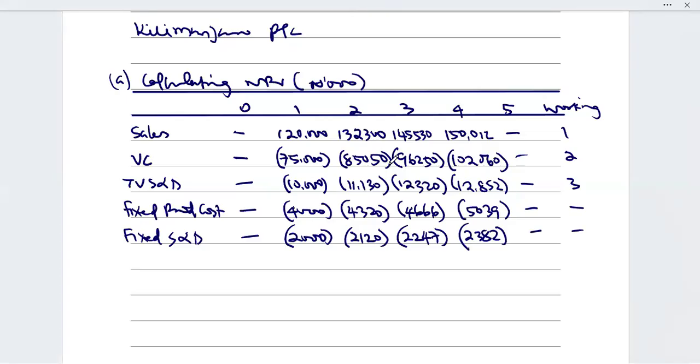So that's that. The last one, fixed admin cost, 1 million at an inflation rate of 5%.